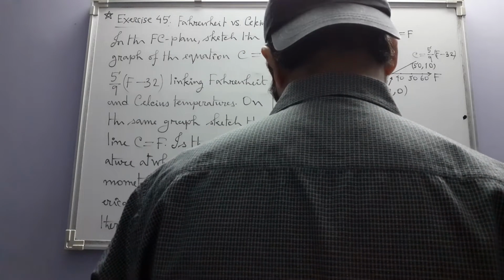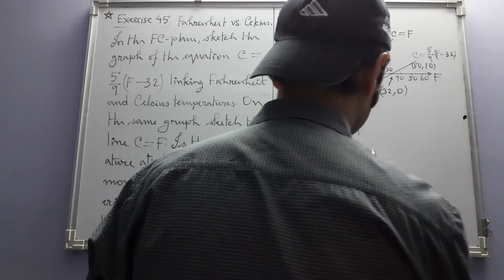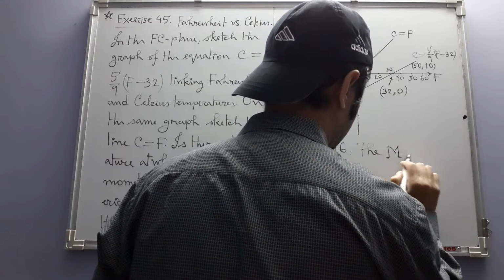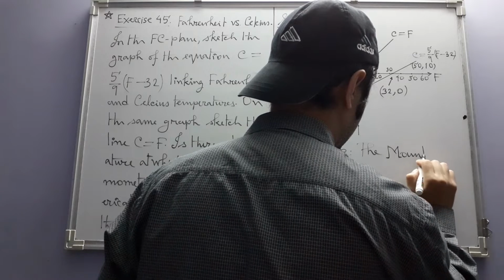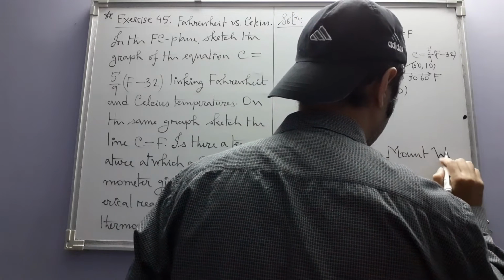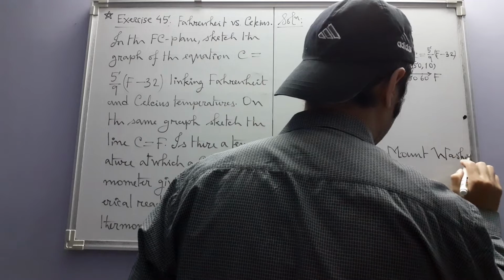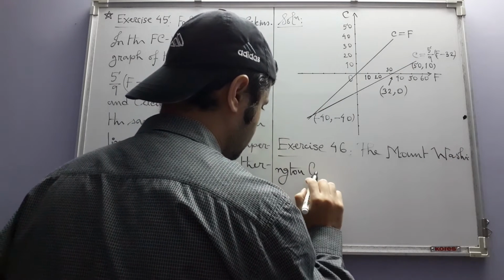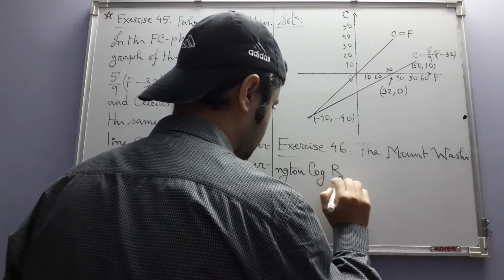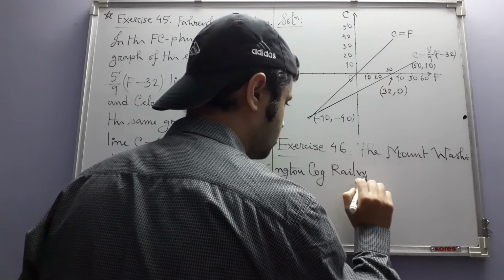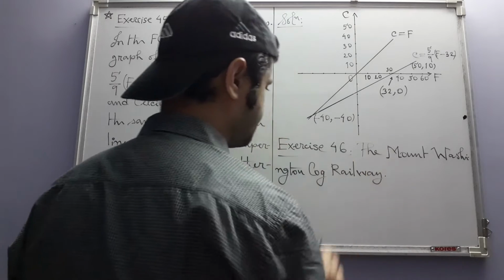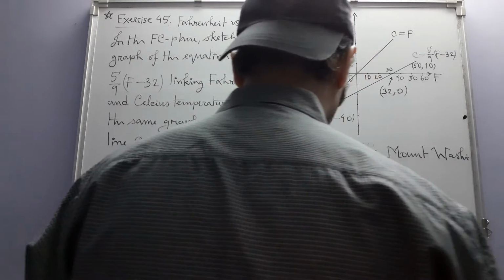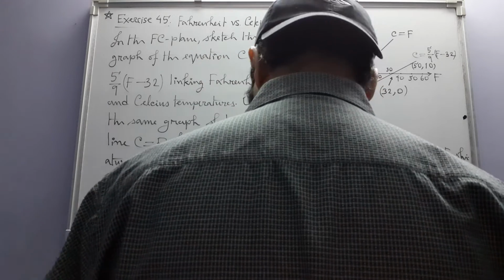Exercise 46, the Mount Washington Cog Railway. You have to write some things.